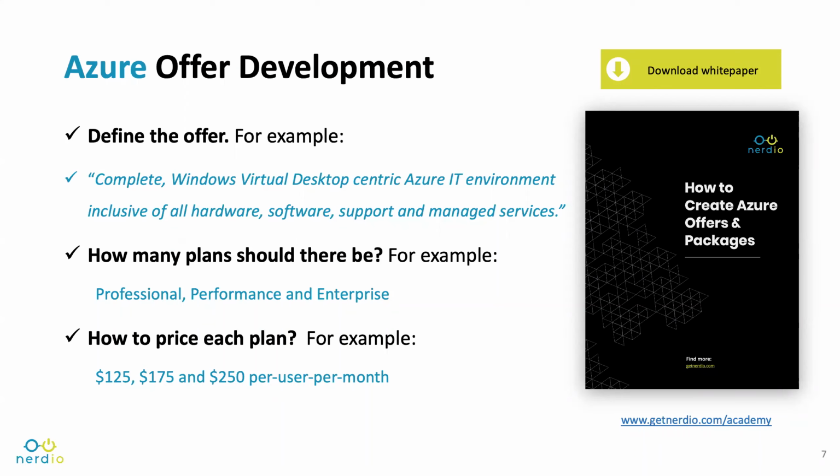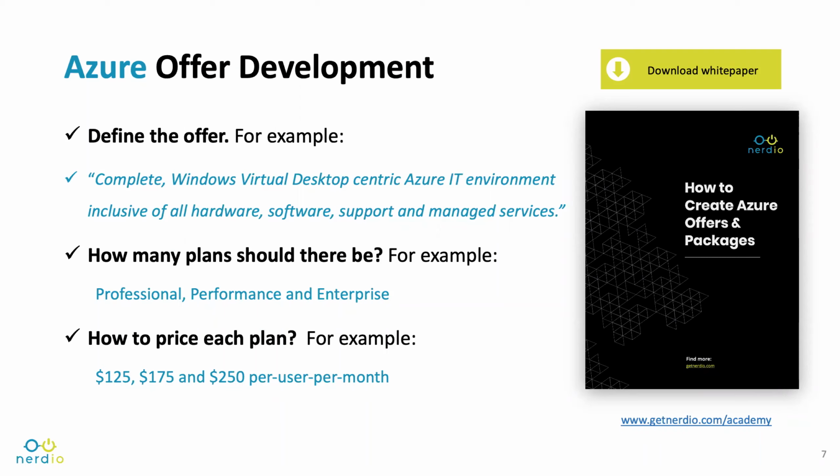The next thing we have to think about is how many plans we want to have in this particular offer. As we mentioned, you probably never want to have anything more than 5. You probably don't want to have anything less than 2. So somewhere between 2 and 4 is typically the sweet spot.